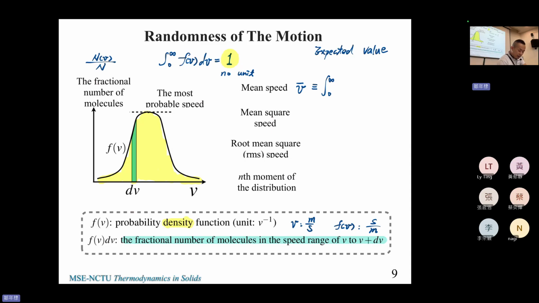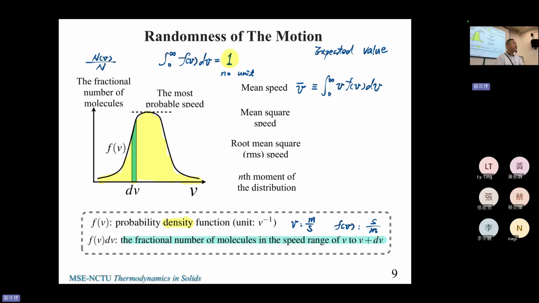Okay, and then v bar is the expected value. The value for that velocity times its own probability, and do the integration.